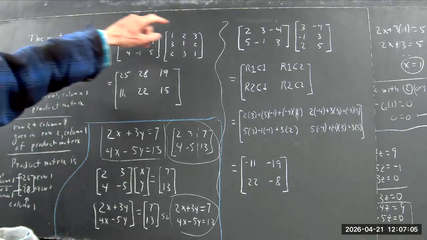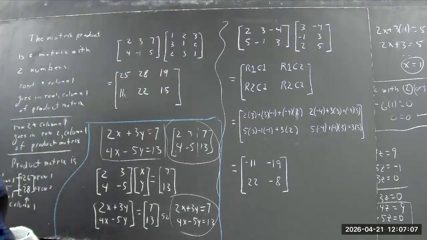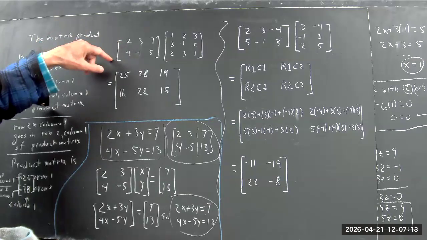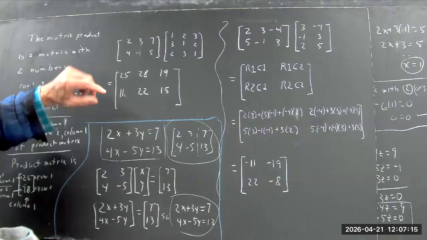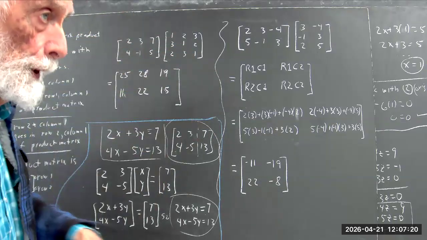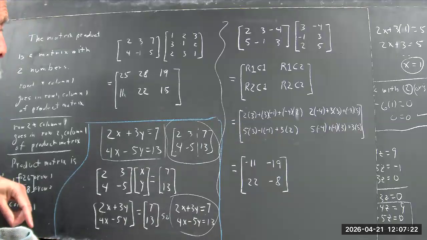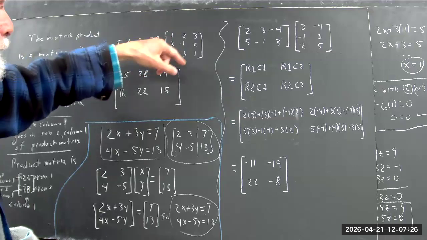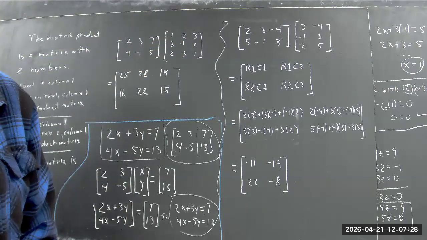Okay, and then I did 3 by 3. Well, sorry. This is called a 2 by 3 matrix, 2 rows and 3 columns. This is a 3 by 3, 3 rows, 3 columns. Okay. So if I take the first row, I've got 1, 2, 3 possible columns to multiply by.